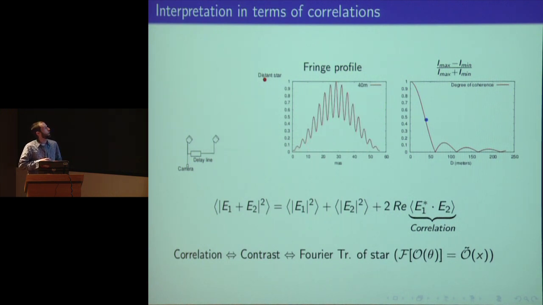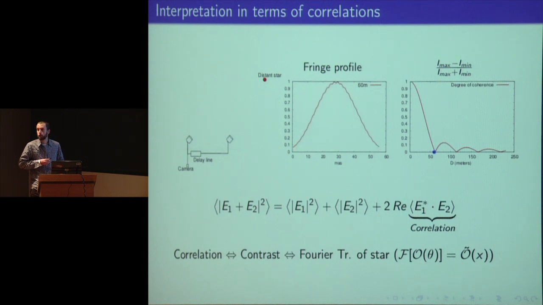And at some point, if I separate my telescopes enough, the fringes become less contrasted. Therefore, you can also say that the correlation between the light received between the two apertures has decreased. And at some point, the correlation will disappear.